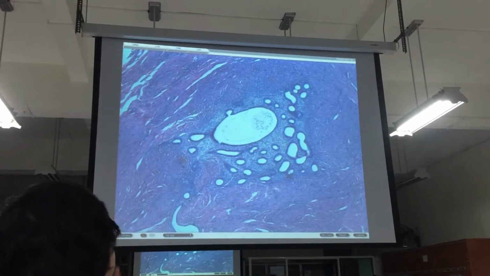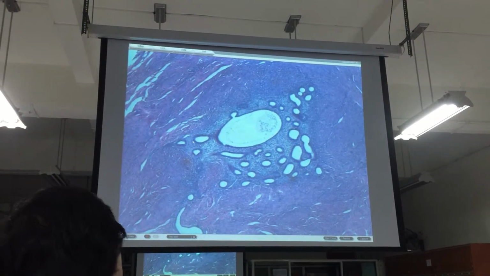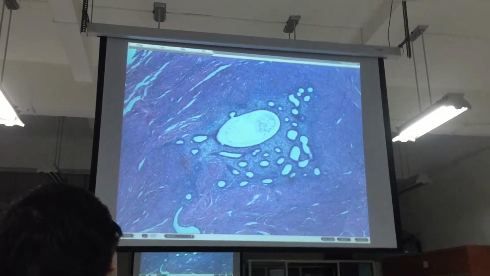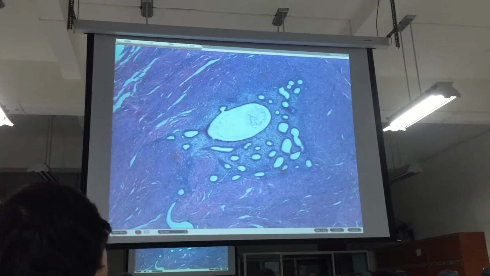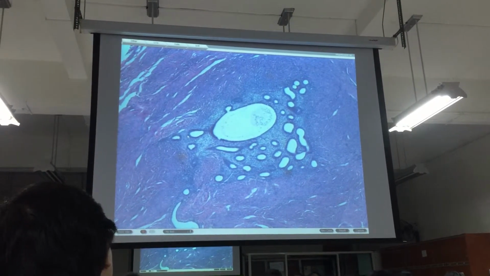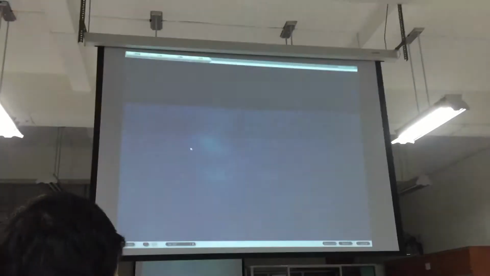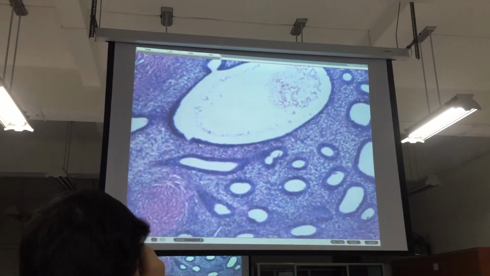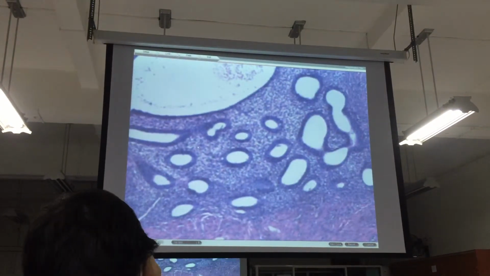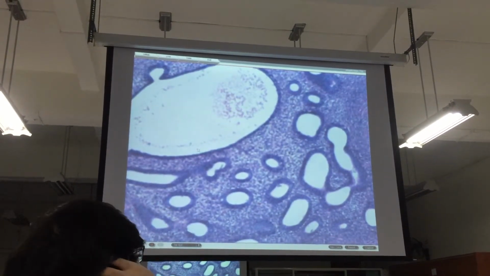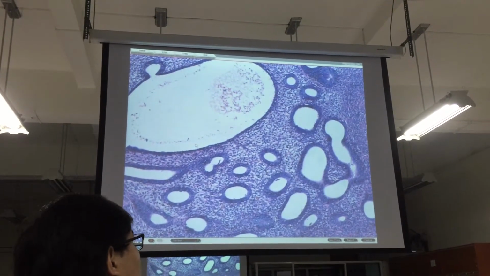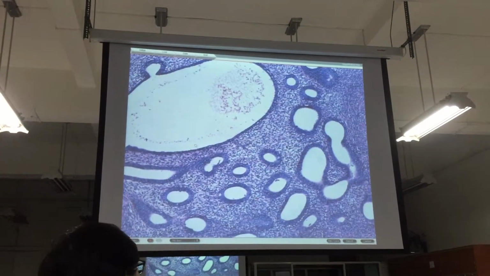What is the tissue? Higher magnification. If this is all you see, what tissue is this?